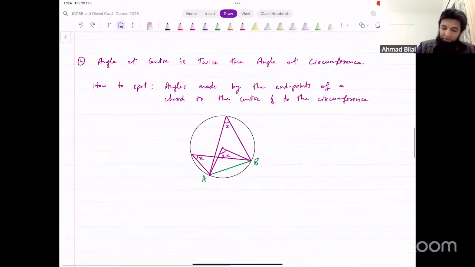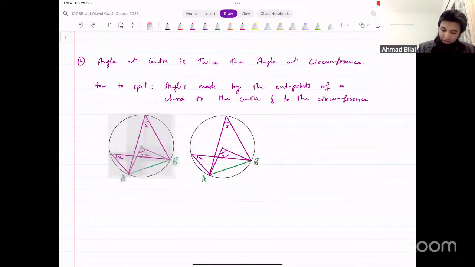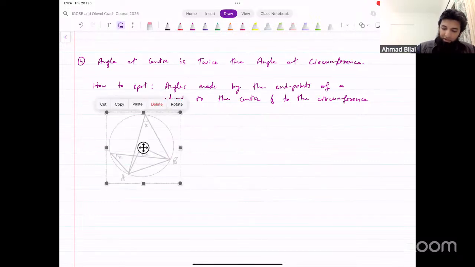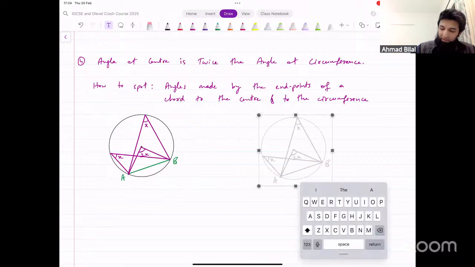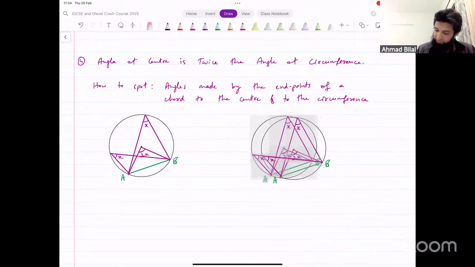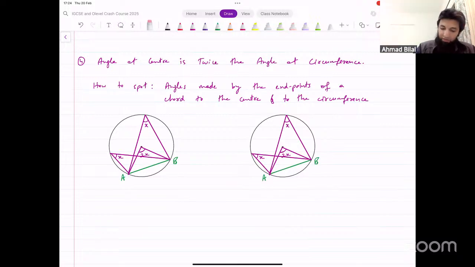Now, sometimes you will see a relatively harder one in this, in which they will tell you something like this: let's say you have a chord like this, and you know that this angle here is, let's say, 260 degrees.